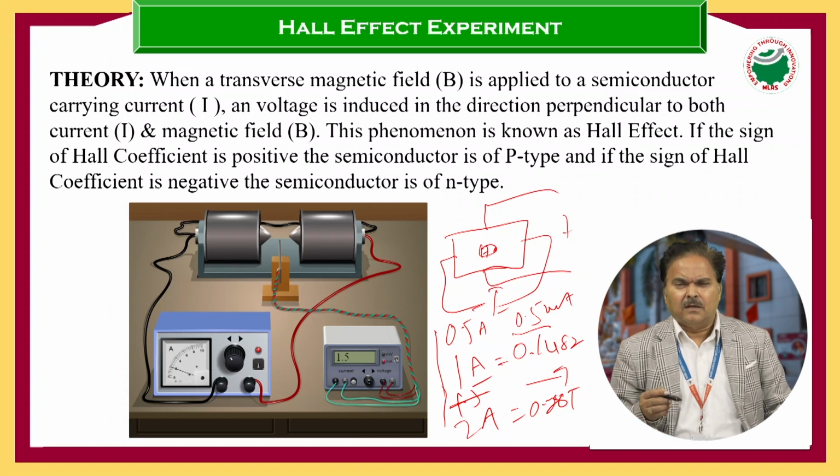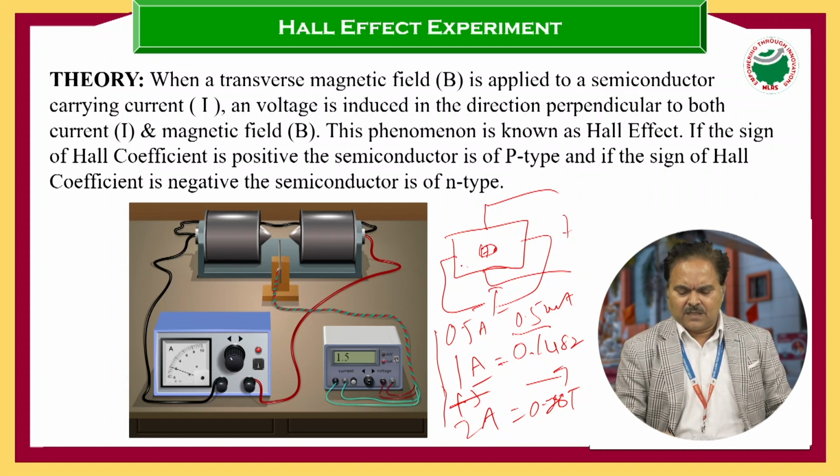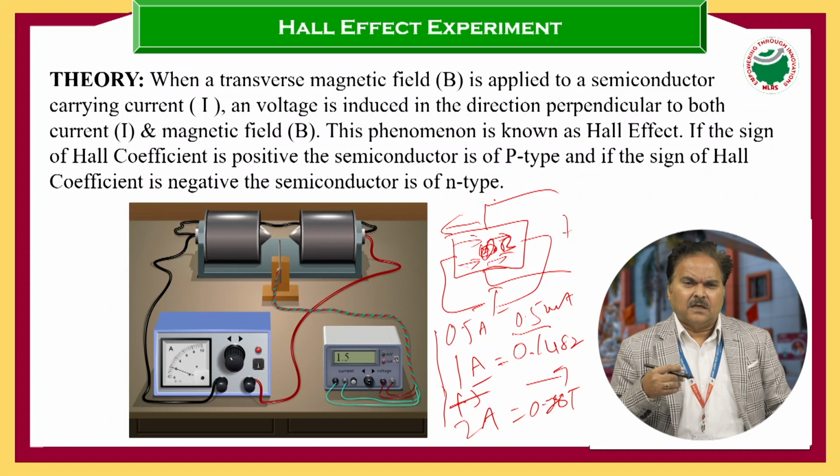So what happens in a sample when you apply a magnetic field along with the current, that is the electric field? If you apply only the electric field, the electrons move in a normal way, along the field direction. That means if the electric field is like this, the electrons move in the opposite direction, in a straight path. If we apply the magnetic field in this direction, so that the magnetic force and electric force are balanced, that is an equilibrium position, then what will happen?